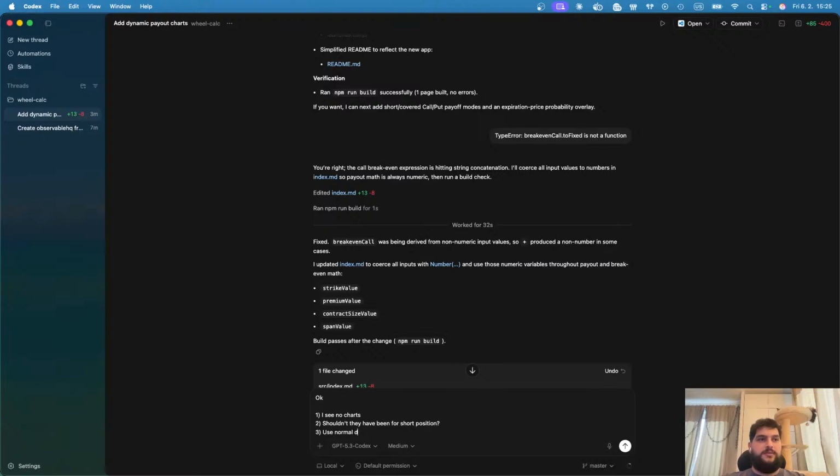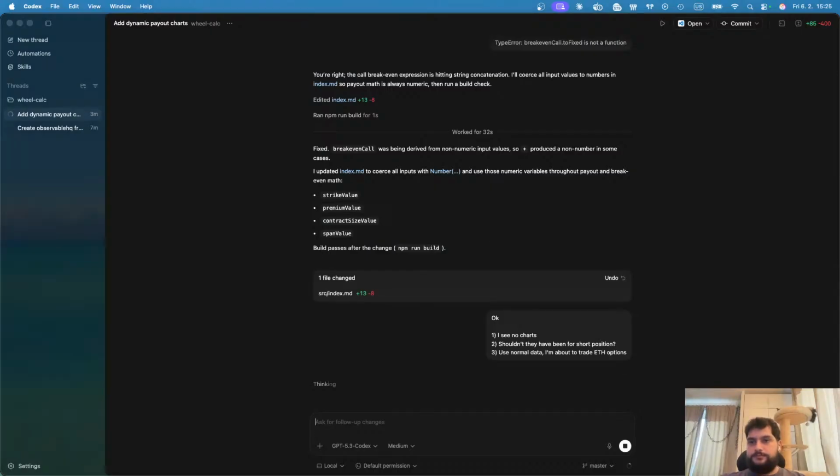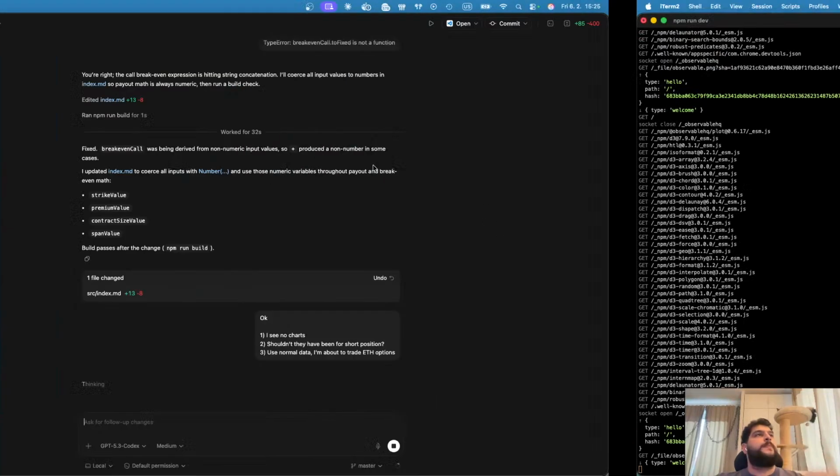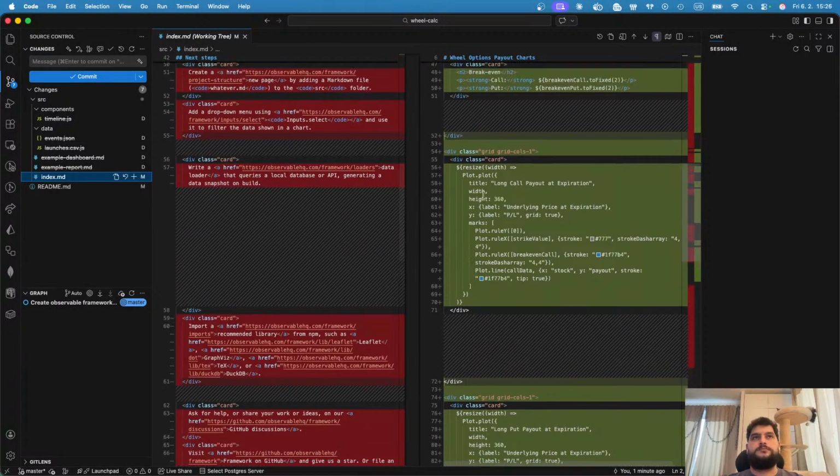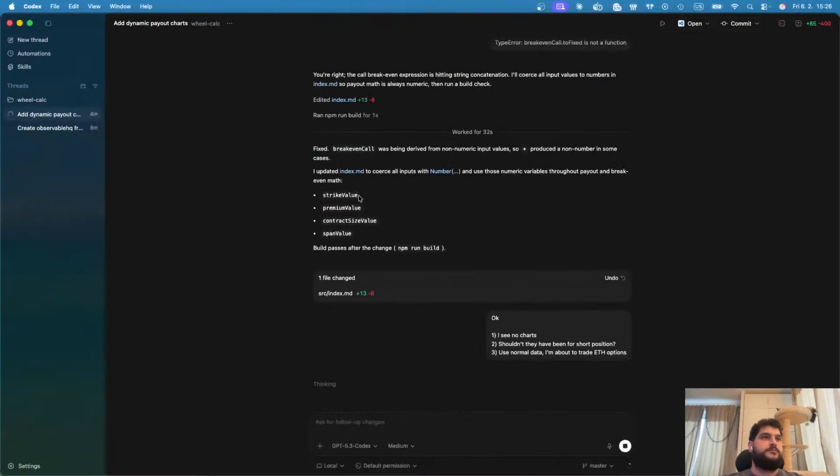I'm about to trade these options. Probably it should have taken us less time if we did it manually. I don't know. Let's see. Let's give it a chance.